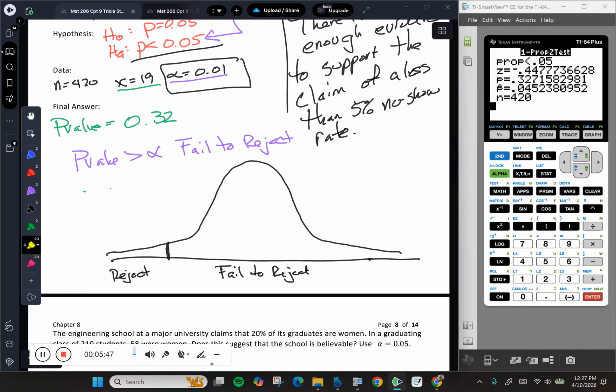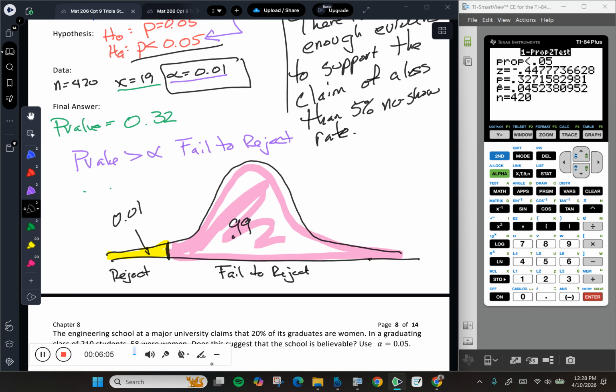This tail is going to have an area of 0.01, which means all of this over here is going to be 0.99.